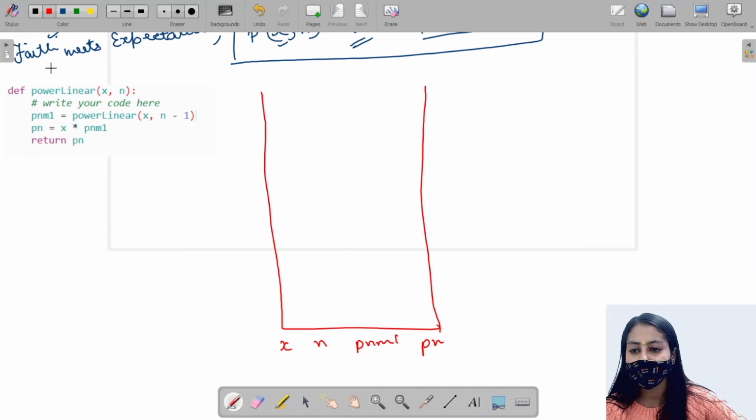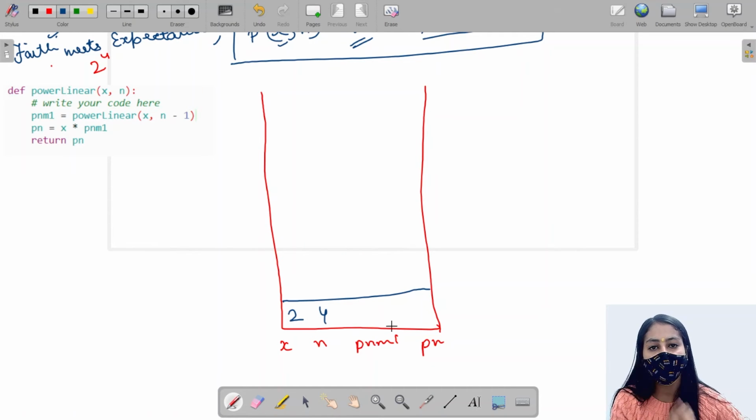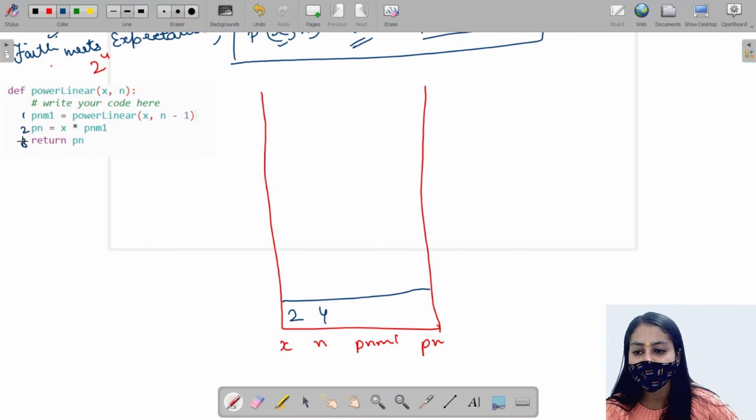Firstly, let's take the example of 2 power 4. The value of x is 2, n is 4, and power of n minus 1 and power of n are not defined yet. This is our line number 1, this is 2, this is 3.